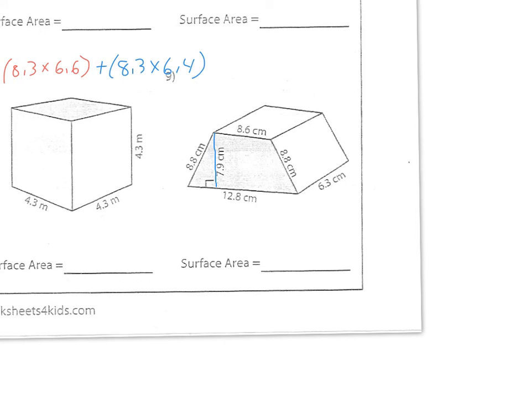You find the average of your two bases, your upper base and your lower base. So you're going to do 8.6 plus 12.8 in parentheses, because I want to do those first, divided by 2, times the height, which is 7.9.